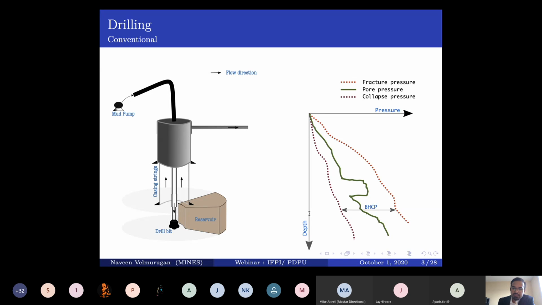So we always want the minimum and maximum given by these particular constraints, and BHCP here means bottom hole circulating pressure. So it is not a static hydrodynamic head, but you account for the frictional losses as well. Generally there is a misconception of calculating the bottom pressure as a static head.